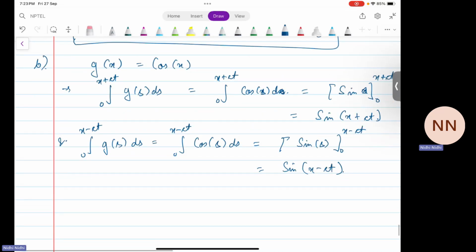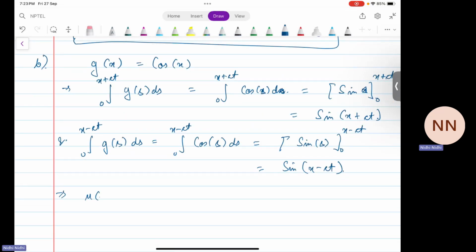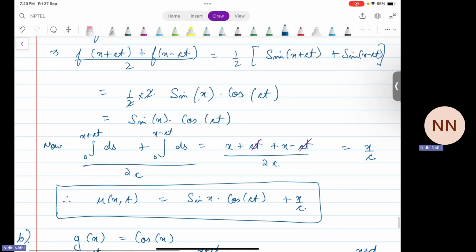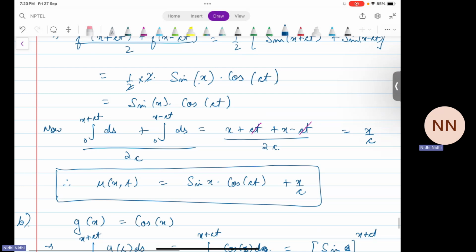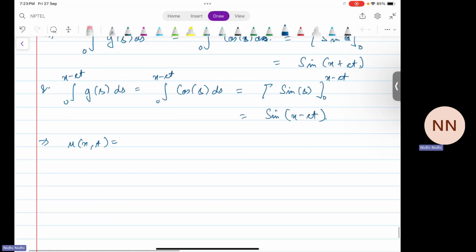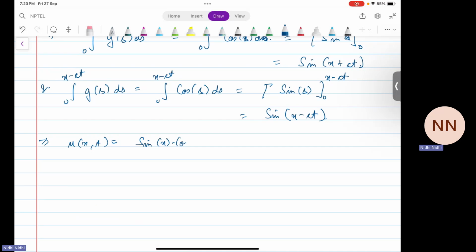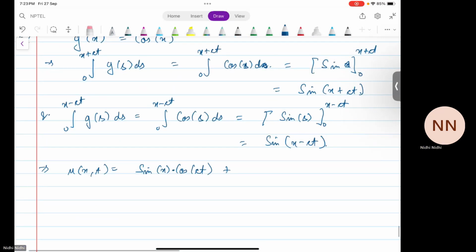So from here, our solution uxt is equal to fx plus ct plus fx minus ct by 2, that is again sin x times cos ct. This is sin x cos ct plus sin of x plus ct plus sin of x minus ct by 2c.